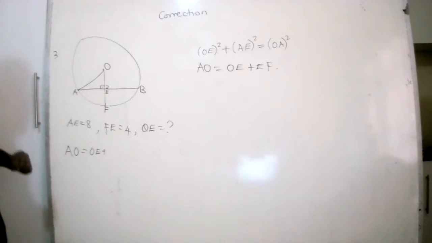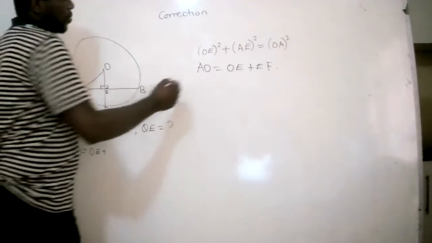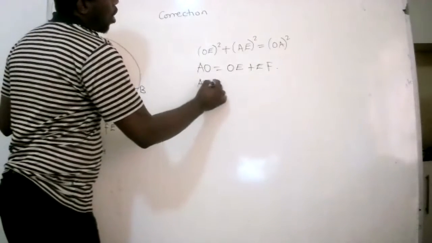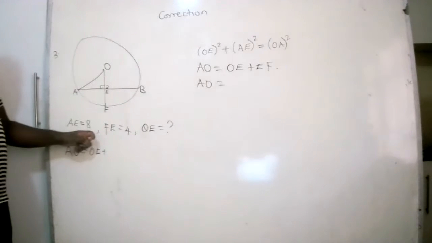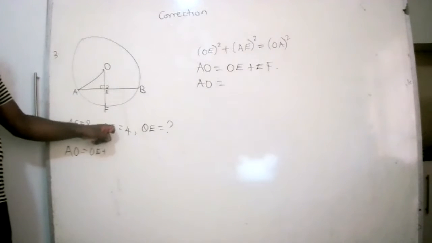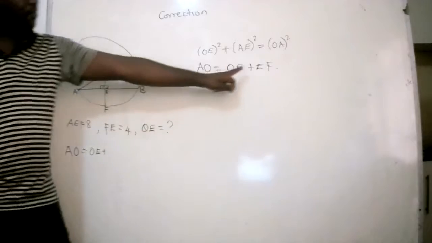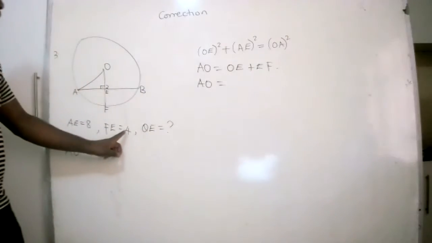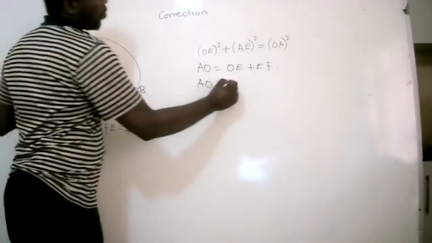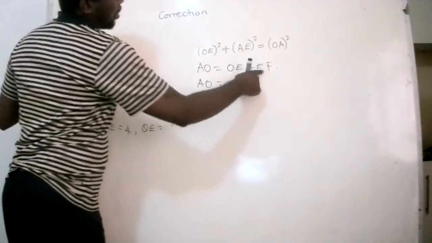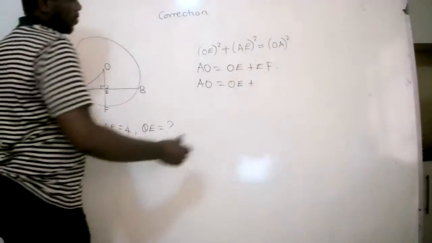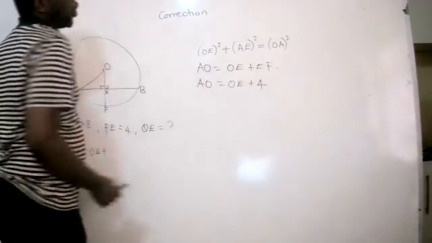Yes. All right. So now let's write AO with the information that is given there. Here we are given that FE is equal to 4. Therefore, where we have EF, we can substitute this value of 4. So we will be left with OE plus 4.